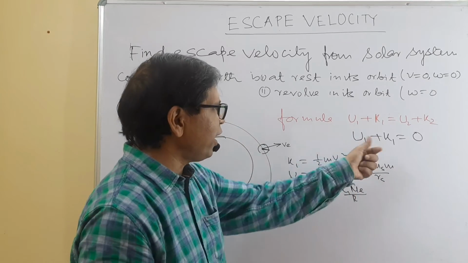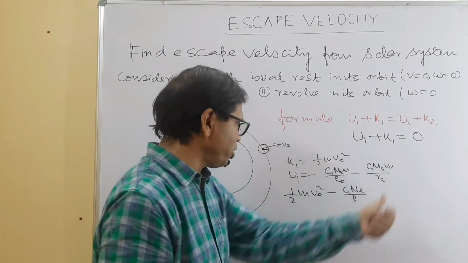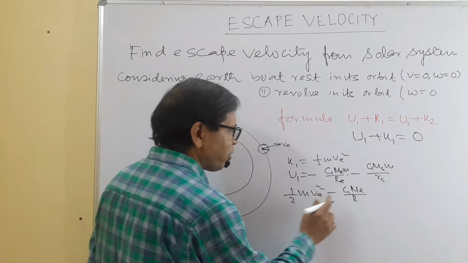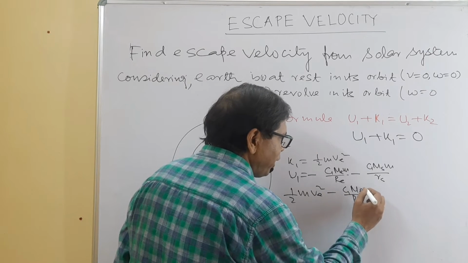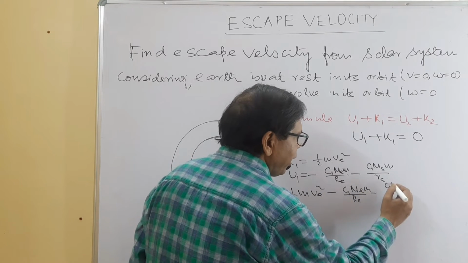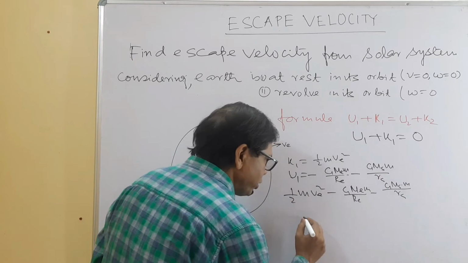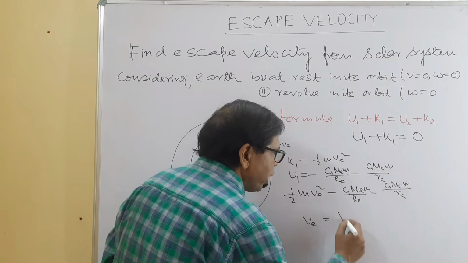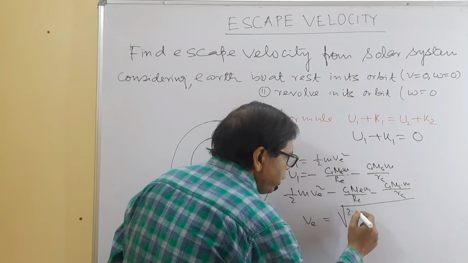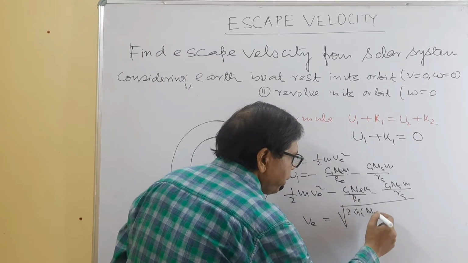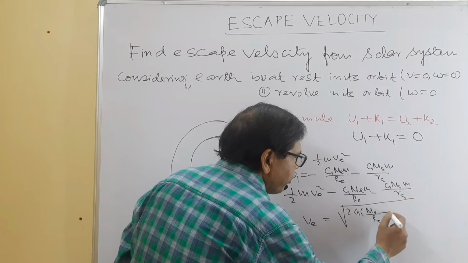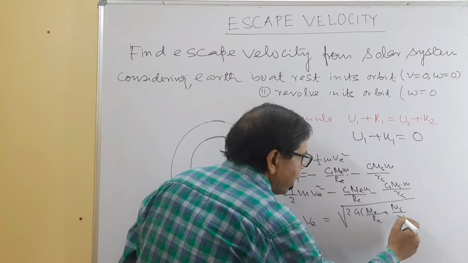So applying U1 plus K1 equals 0, this is half m v square minus G M_e m by R_e minus G M_s m by R_s. So V_E becomes root under 2G into M_e by R_e plus M_s by R_s.